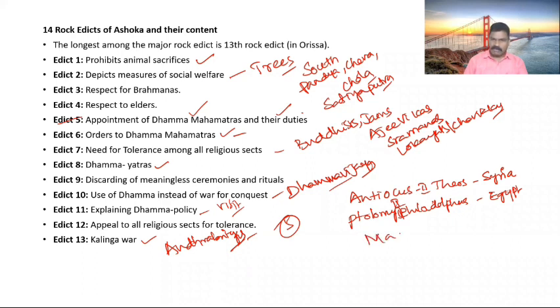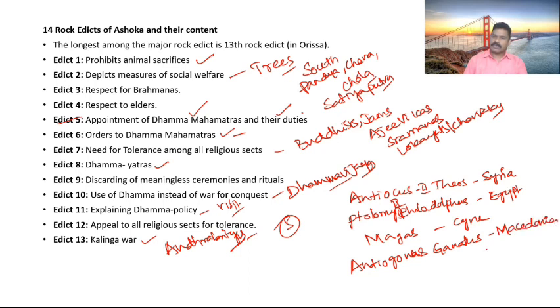Third, Magas of Cyrene. Fourth, Antigonus Gonatas of Macedonia. Fifth, Alexander of Epirus.